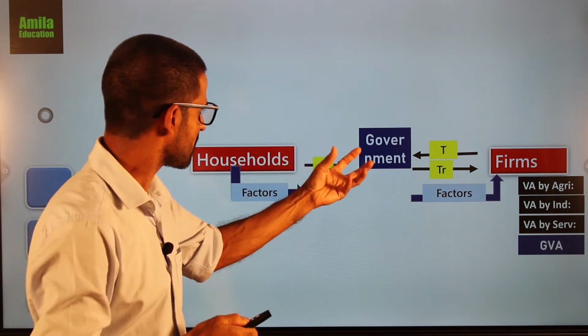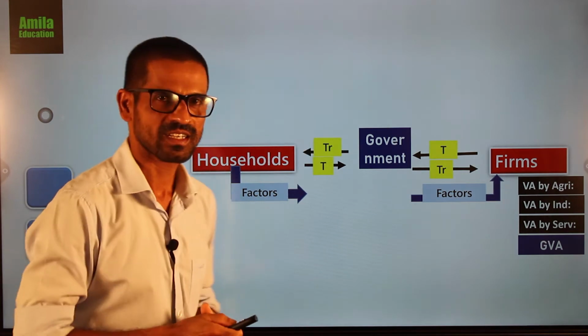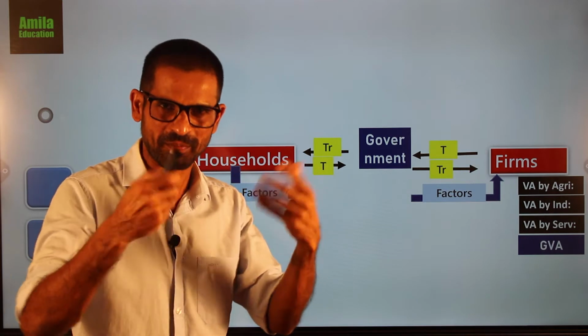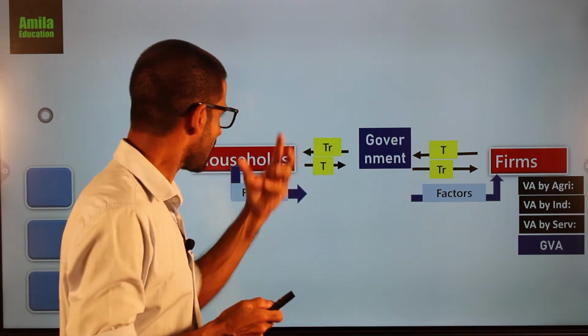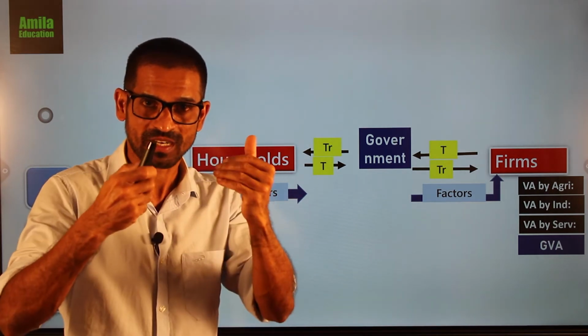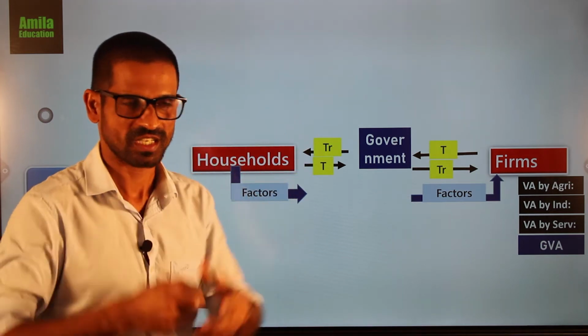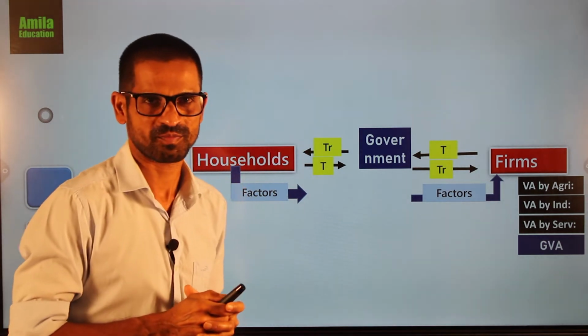Similarly, the government imposes taxes on households and provides transfers as well. So transfers are unilateral payments, direct payments given by the government to the firms and the households. Taxes are taken from firms and households.